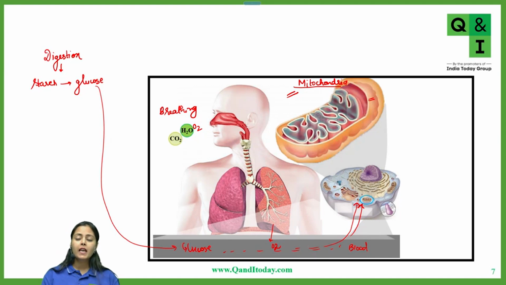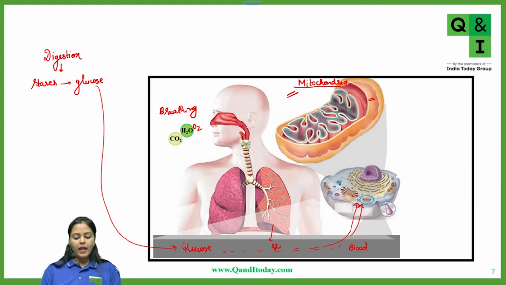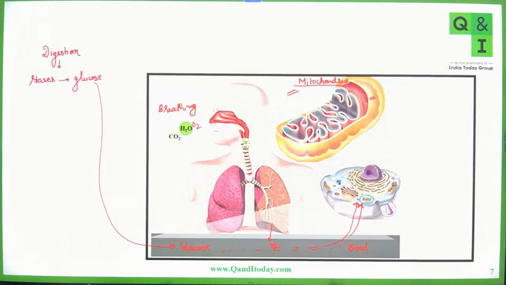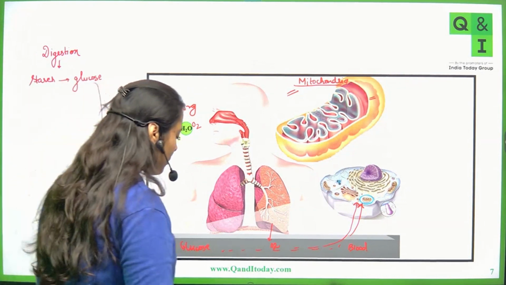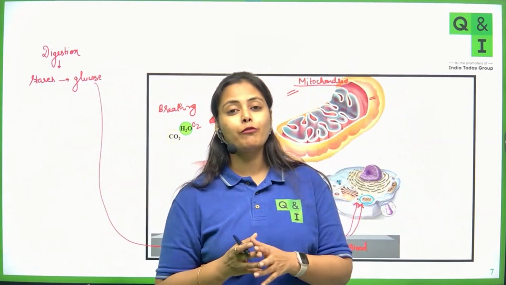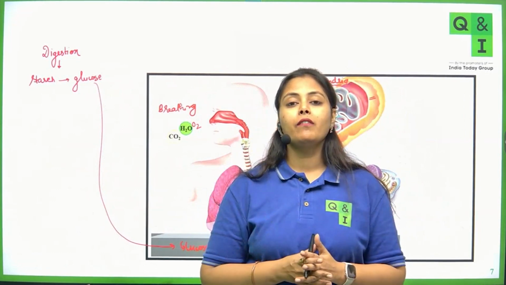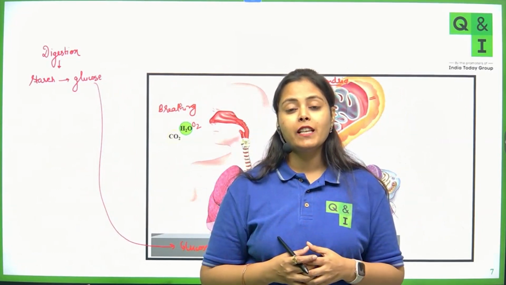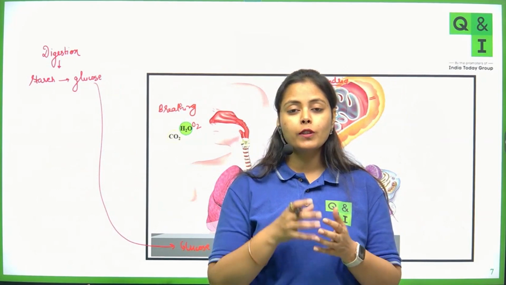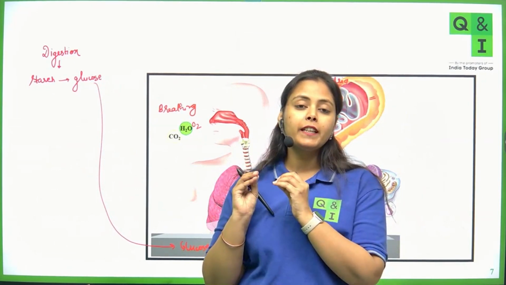So you can see exactly what the purpose of digestion is. If I ask you, students, what exactly is the purpose of digestion, or of breathing in your body, now you can see it at a cellular level. We are taking food so that it can be converted into simpler molecules. These simpler molecules enter our blood.